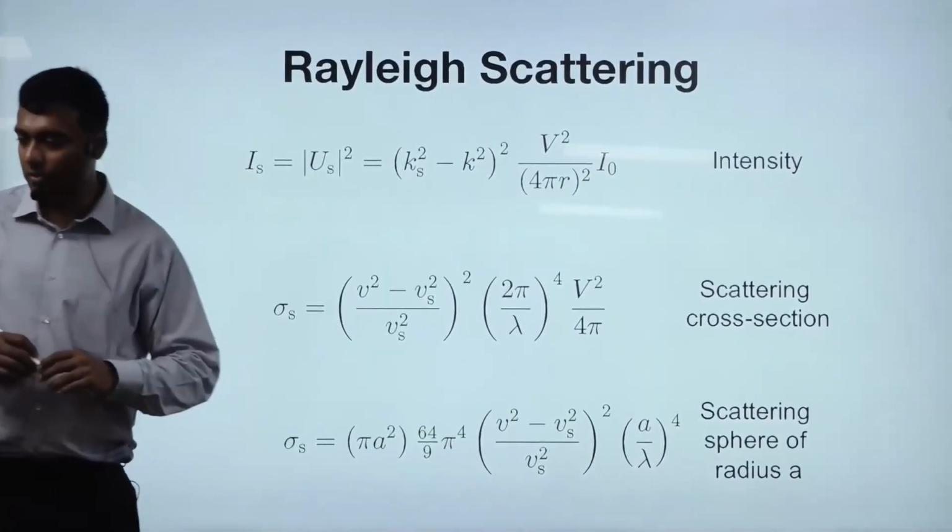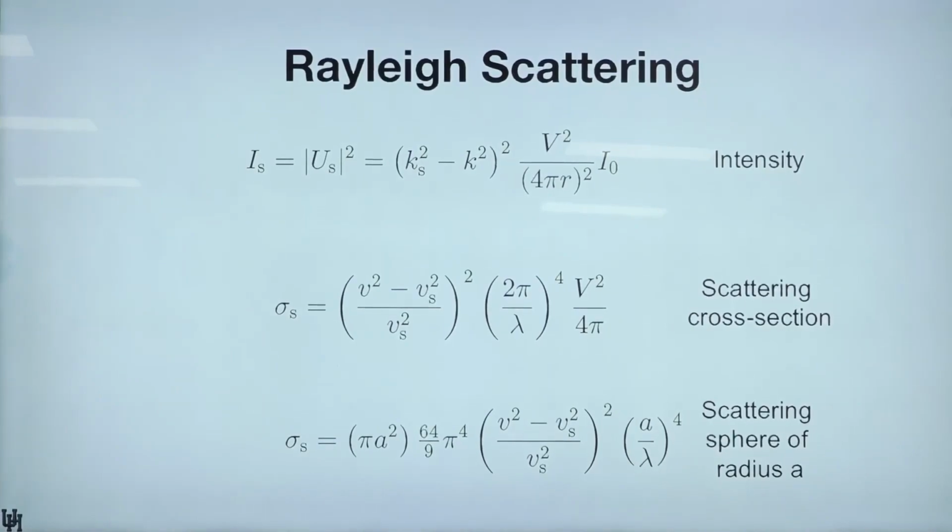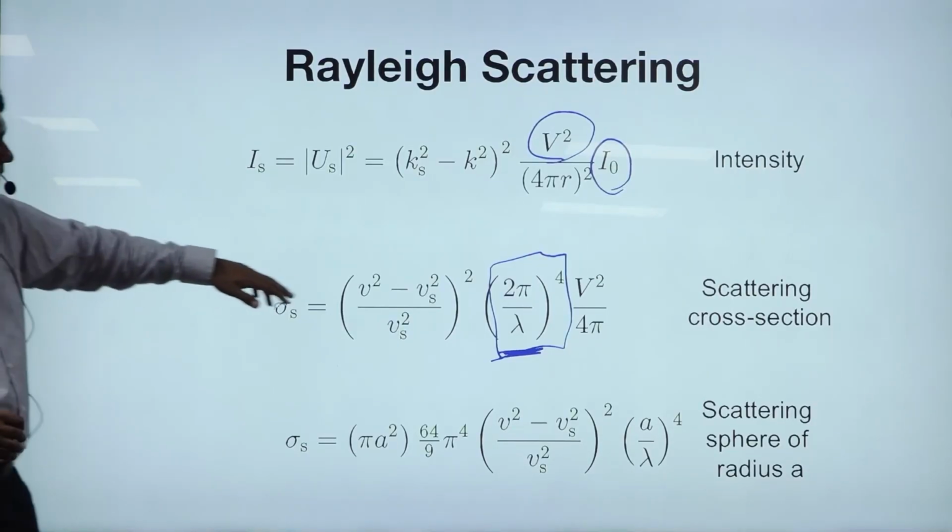This is an equation for intensity, and what you will notice is that the scattered intensity depends on I0, depends on volume squared, and, more importantly, depends on this value of lambda here.